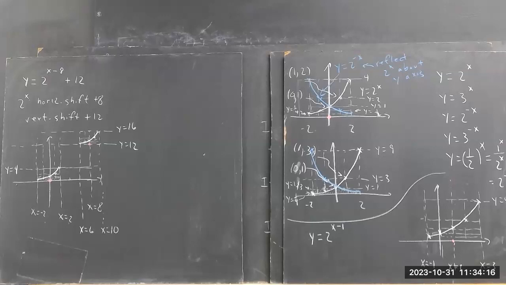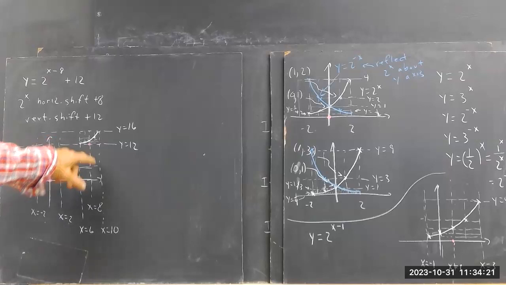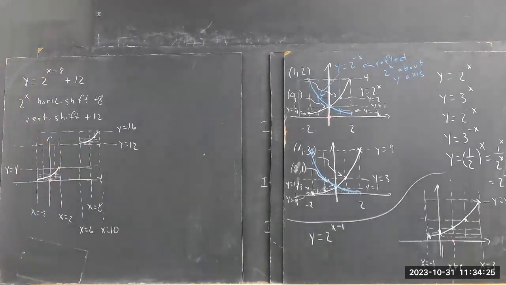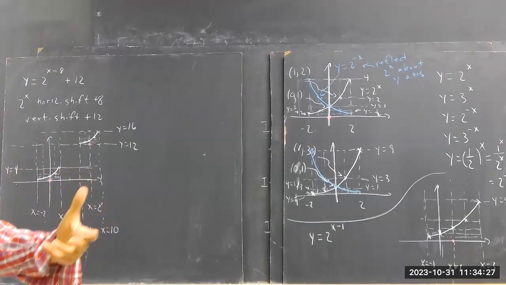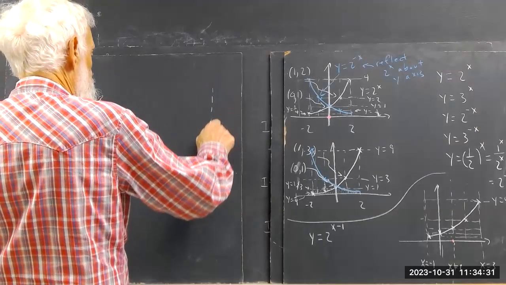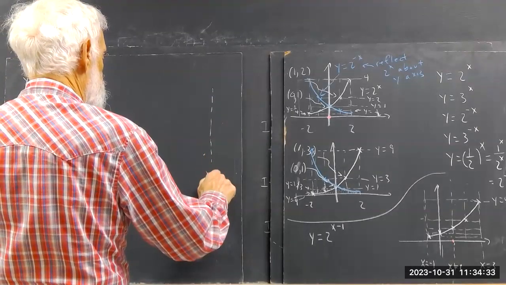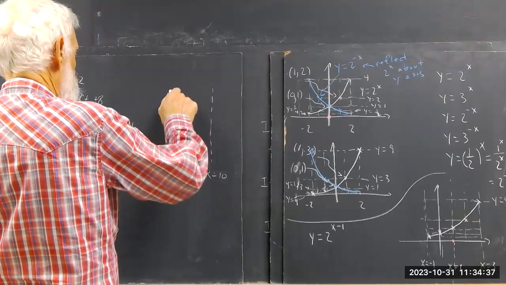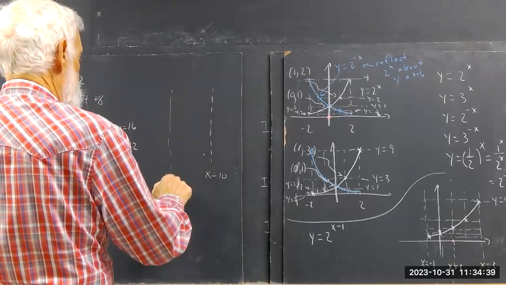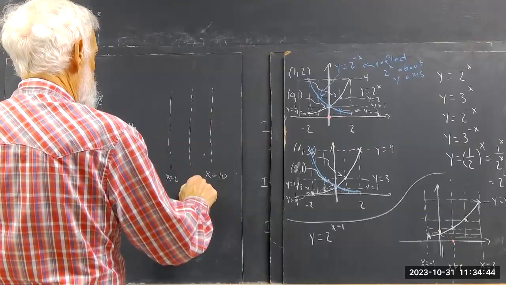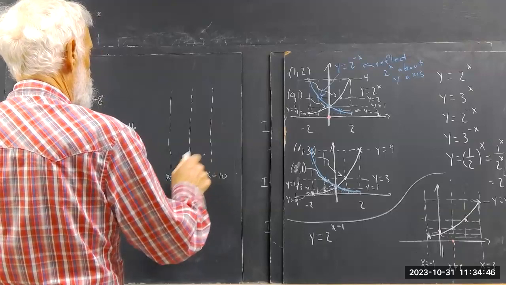Alternatively, if we want to make a bigger graph, we just don't bother with the x and the y-axis because we're pretty far from the x and y-axis here. We can make a bigger graph by just saying, okay, well, we're going to put x equals 10 here and x equals 6 here. And x equals 8 here.